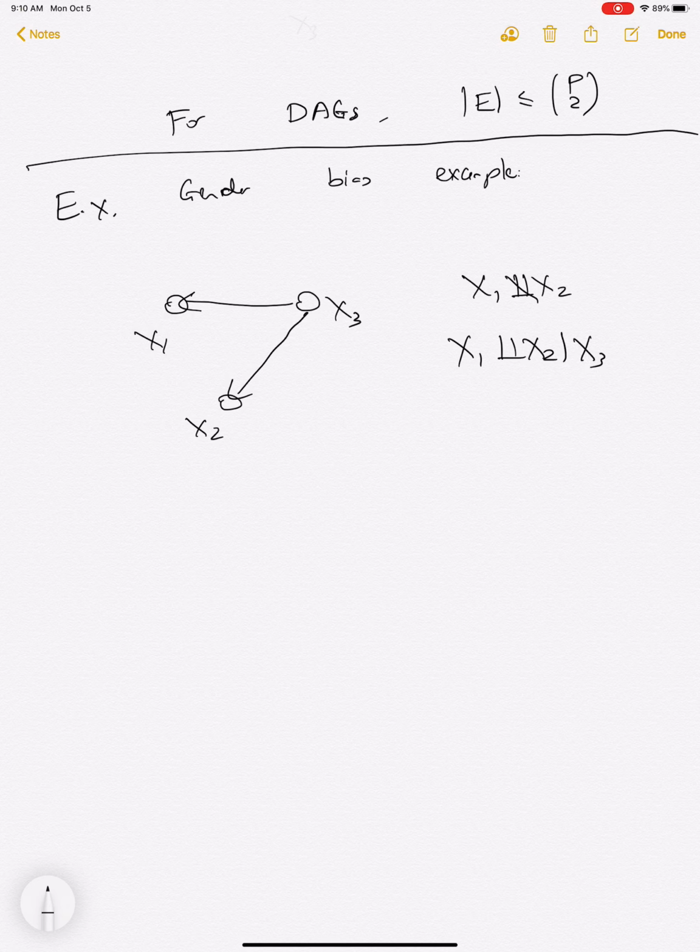So you can see here that V is the same, x1, x2, x3, but E is equal to x3, x1, and then x3, x2.